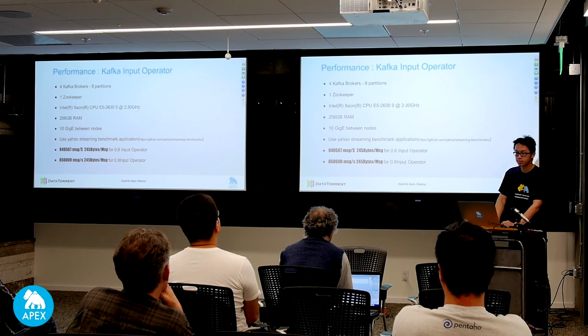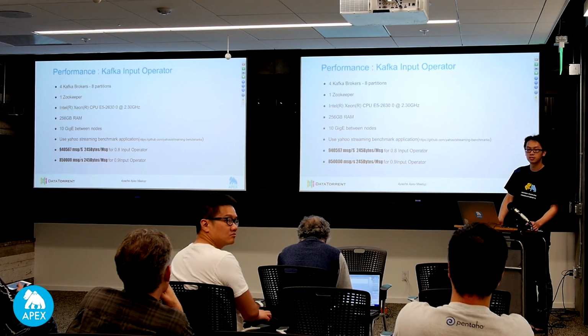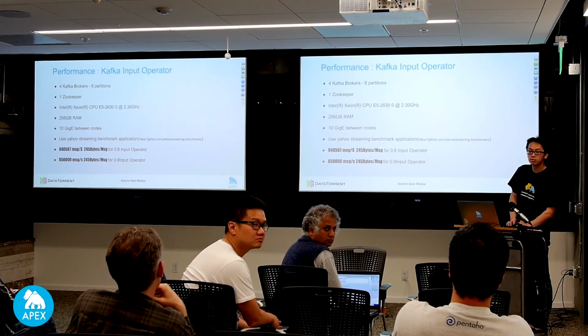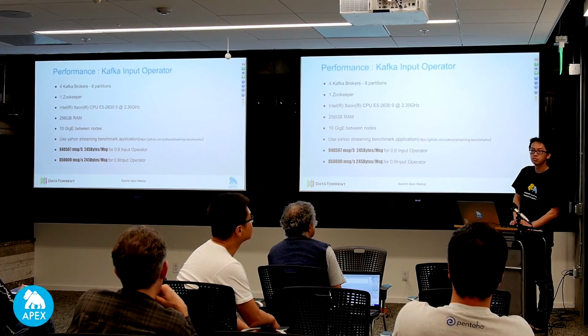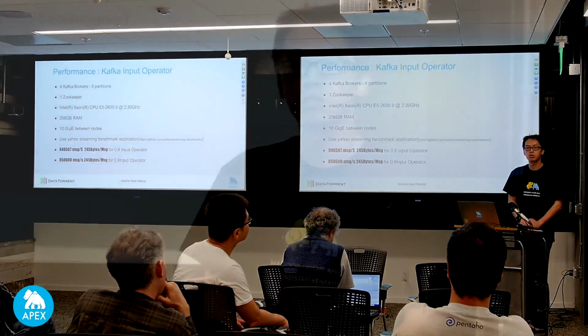And that's it. Any questions? Yeah, please. In your 0.8 library, you support compression schemes, gzip or snappy? We don't support that, but you can have a downstream operator do the compression or decompression.